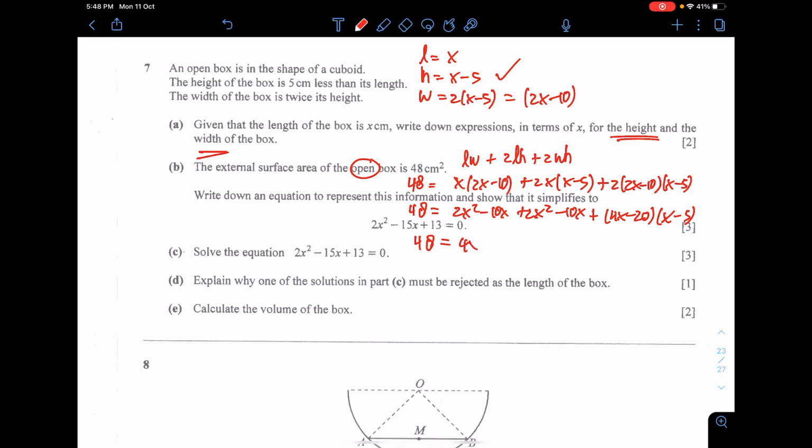So I have 4x squared minus 20x plus 4x squared, 20, 20, 40 plus 100. So then 48 equals 8x squared minus 10x plus 100. What a psycho.